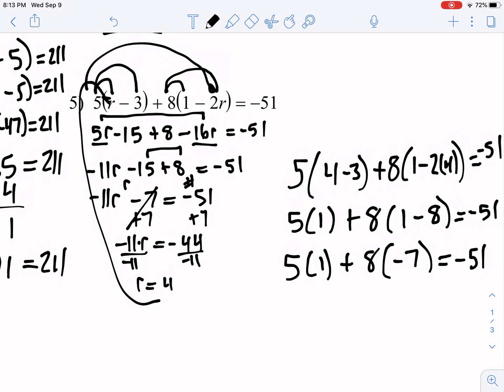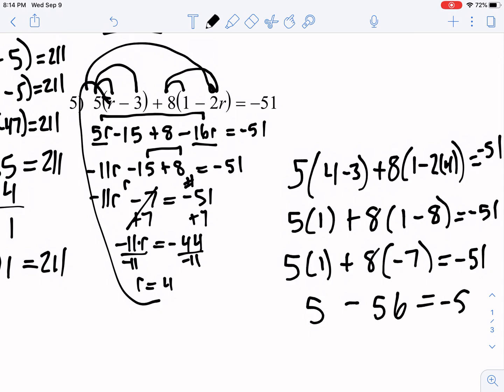So remember, if we have one number in the parentheses, we're talking about multiplication. 5 times 1, we get 5. And then 8 times a negative 7. Well, what's a positive times a negative? Negative. Now, we could put plus a negative, but there's really no need to do that because when we add a negative, all we're doing is subtracting. So I'm going to just put minus, and then 8 times 7 is 56.